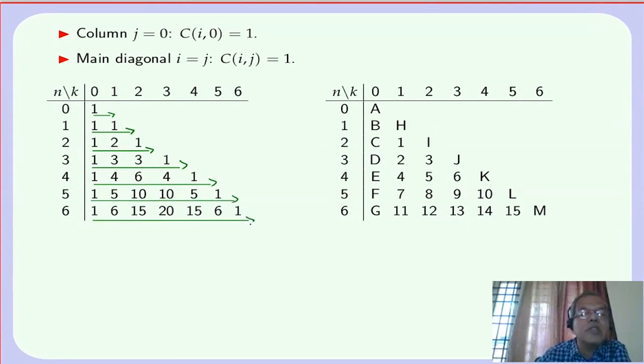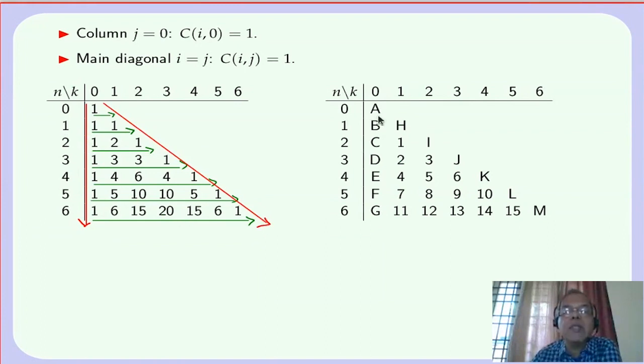Before that, you first initialize this column to 1. Sorry, this is 1 0, 2 0, 3 0, 4 0, 5 0, 6 0. The answer is 1.